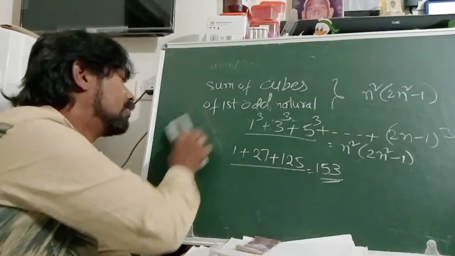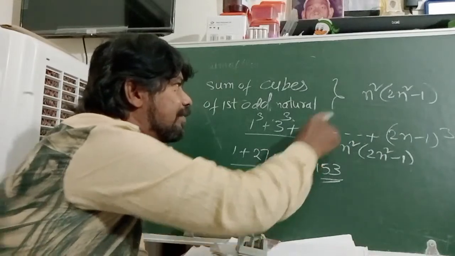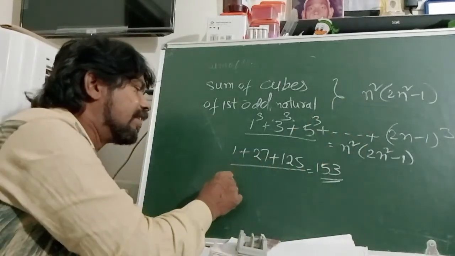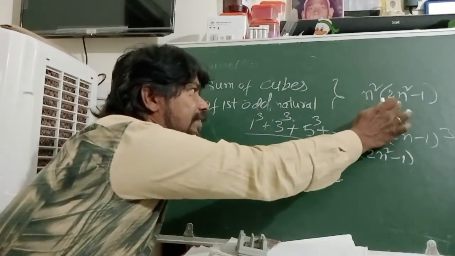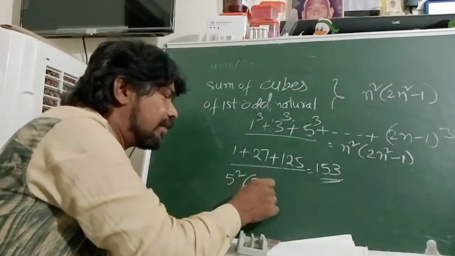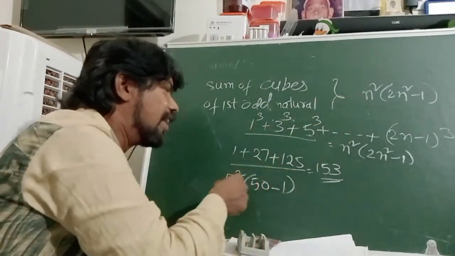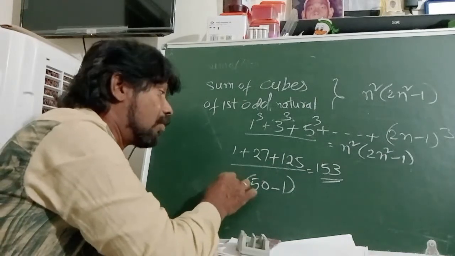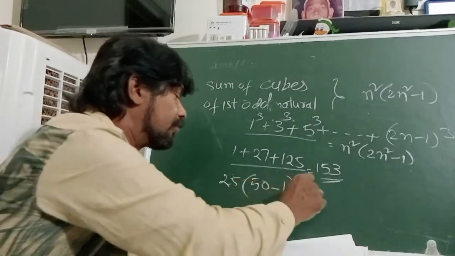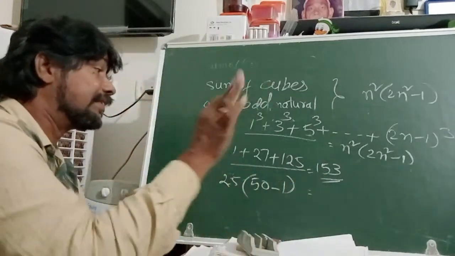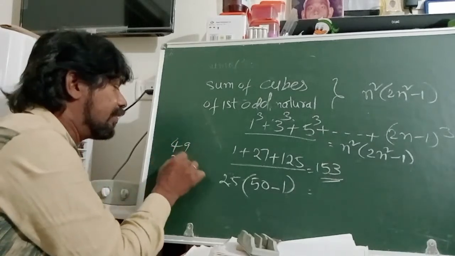Now check it out. The last term is 5, so n is 3. n square is 9, and 2n square minus 1 is 18 minus 1, 17.